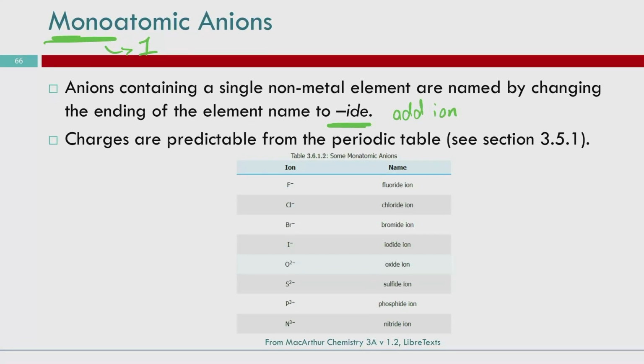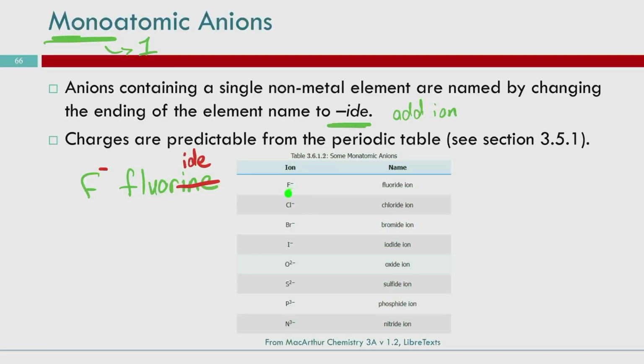So for example, F minus. F is fluorine. The U comes before the O. And fluor, F-L-U-O-R, is the base. So if we make it F minus, we change the ending to -ide, and so it becomes fluoride, the ion that's added to most residential drinking water supplies and also shows up in lots of toothpastes.